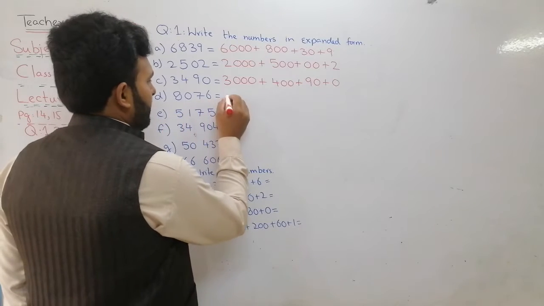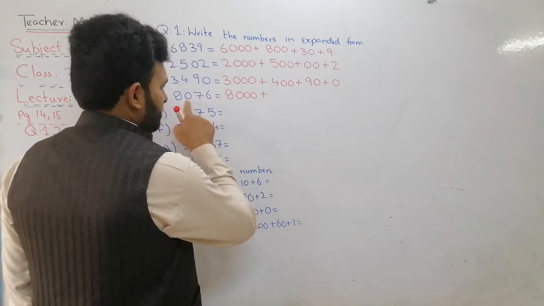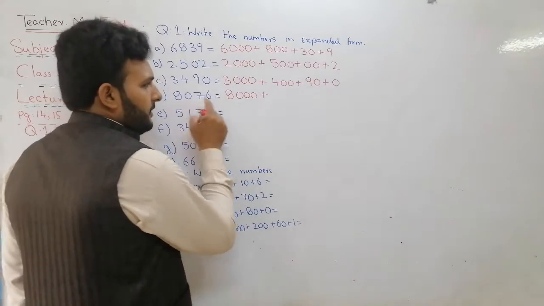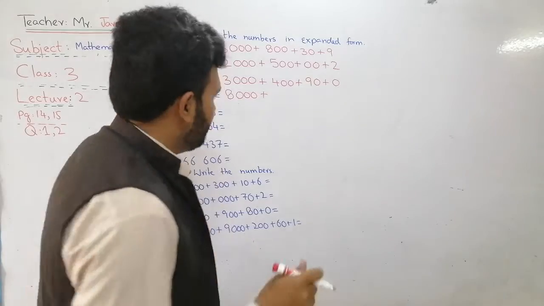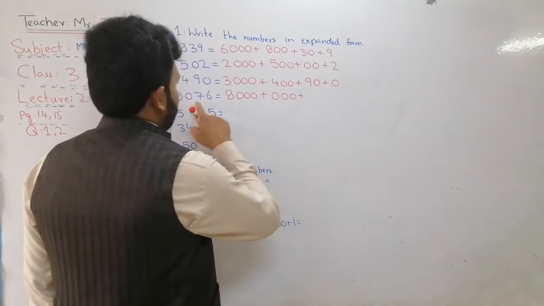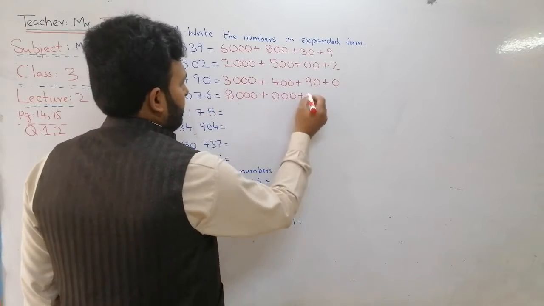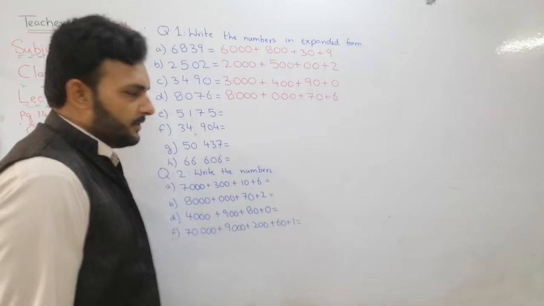After that, 8,000, and then the hundreds place is 0. How many digits are there for the hundreds place? 3. So 3 zeros will be there. After that, we will write here 70 plus 6. Clear all of you?